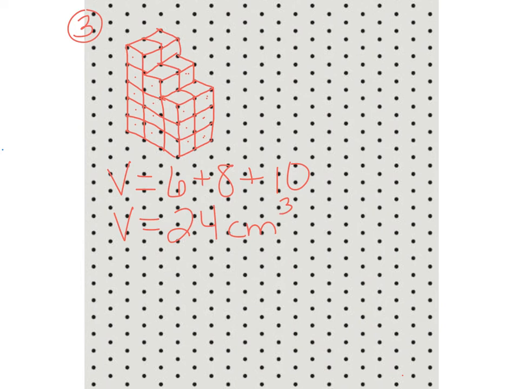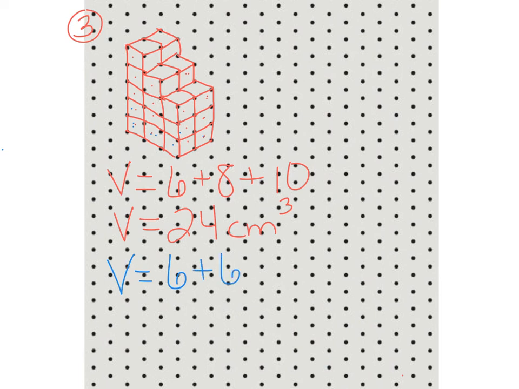Well, now let's think about this in layers from bottom to top. So in the bottom I have 1, 2, 3. Then I do another row of it, 4, 5, 6. And then second row, I have 1, 2, 3, 4, 5, 6 again.